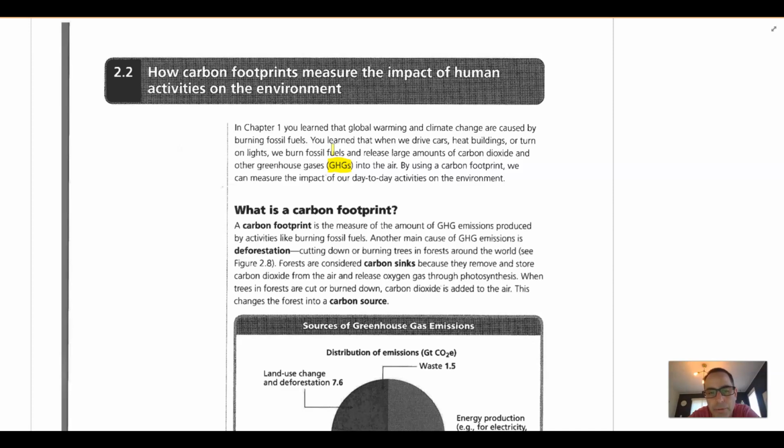So what is a carbon footprint? A carbon footprint is a measure of the amount of GHG emissions, which is greenhouse gas emissions, produced by activities like burning fossil fuels.